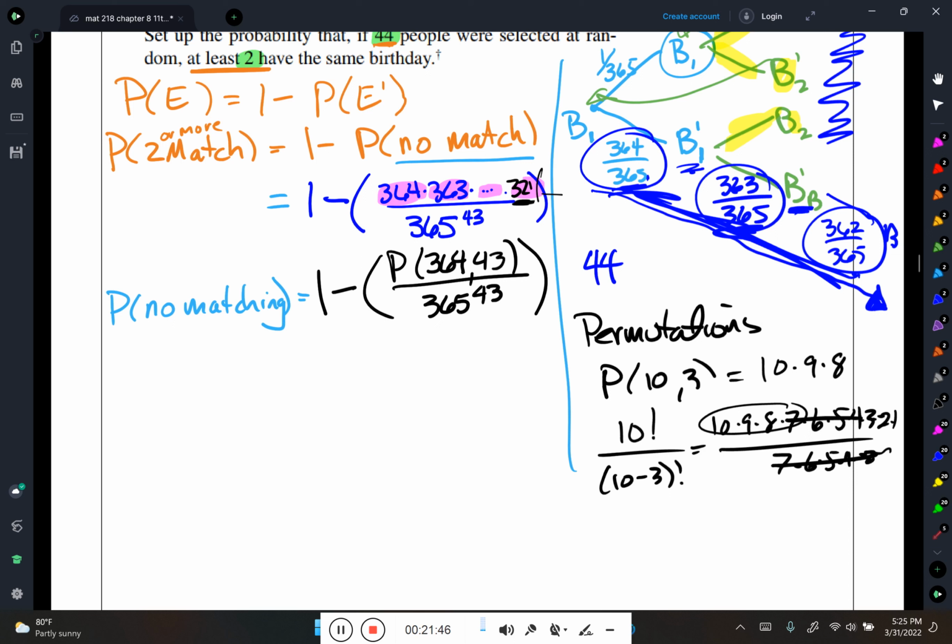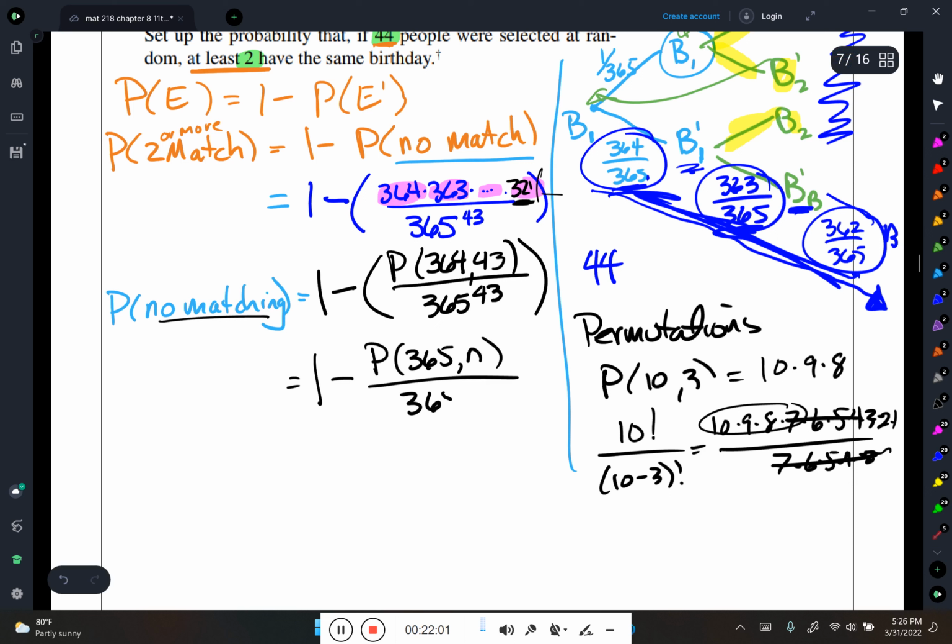The shortcut for the formula is the probability of no matching is going to be 1 minus the permutations of 365, comma, n divided by 365 to the n, where n is the number of people in the room. Now I know what you're thinking.